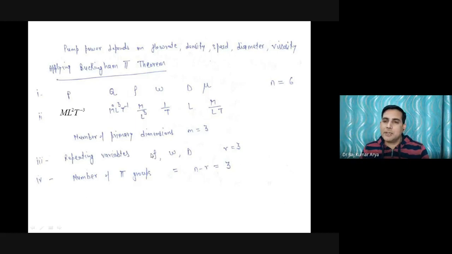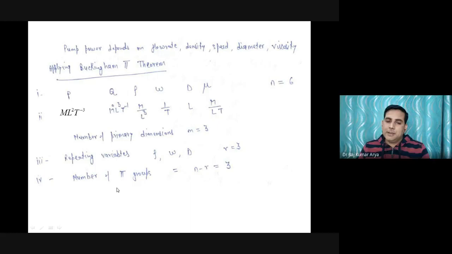We have rho, density we have. Omega we have taken. Diameter also we have, so we have taken all these three, and it serves the purpose. Means the repeating variables are 3 now. Now the number of pi groups would be n minus r only. This is 6, this is 3, so 6 minus 3 is 3. Is this fine till here?